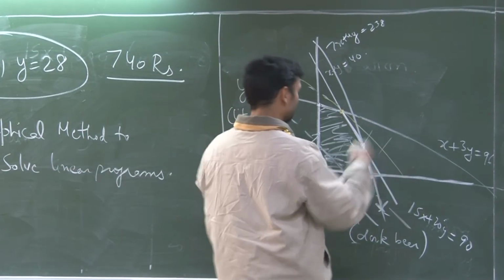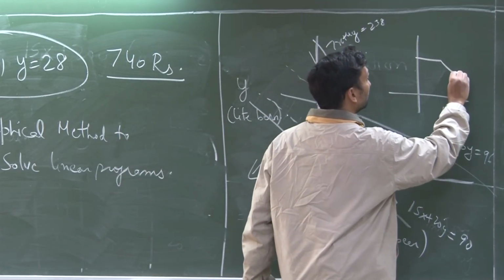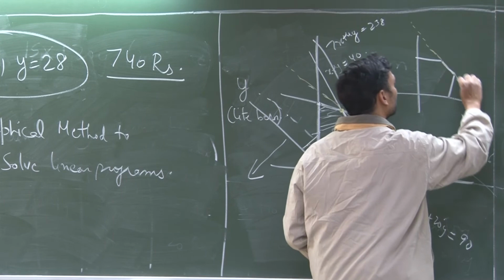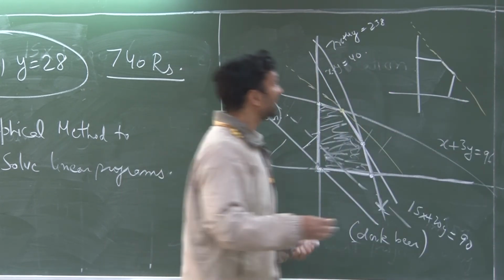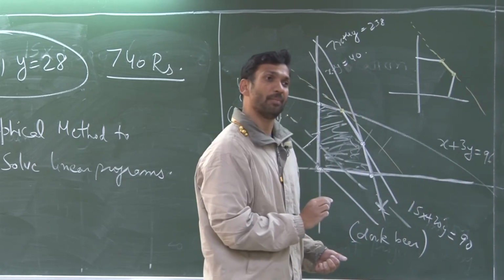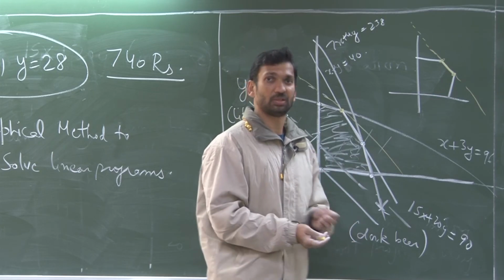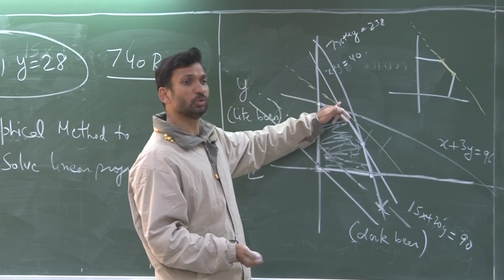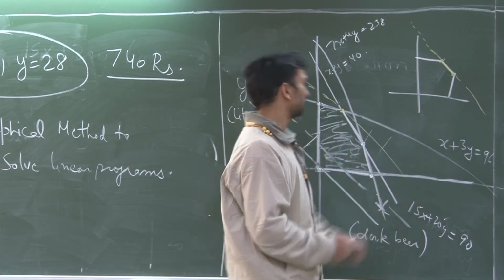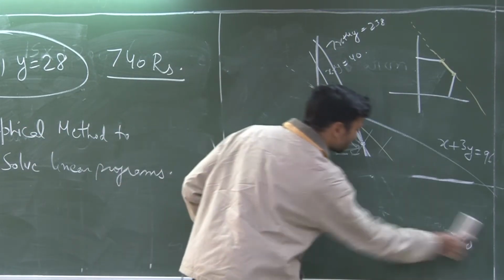It might happen that the feasible region was like this and my leaving line would have looked like this. In that case, every point on this line would have been our best solution. Any point on this line would have given us the maximum profit. In this case, we were lucky, there was only a unique solution, but there might be a geometry where we might have more than one solution. But let's not worry about it. Let's just see what it means for this course.